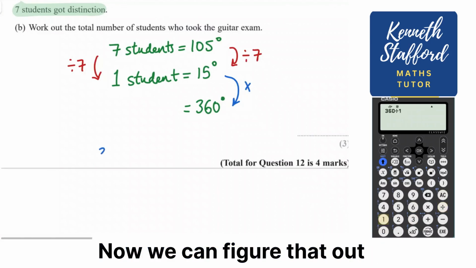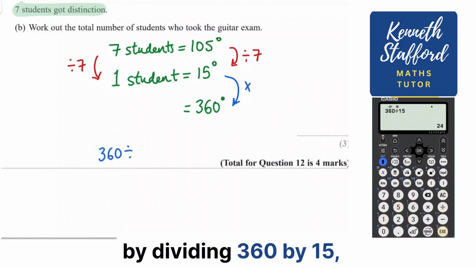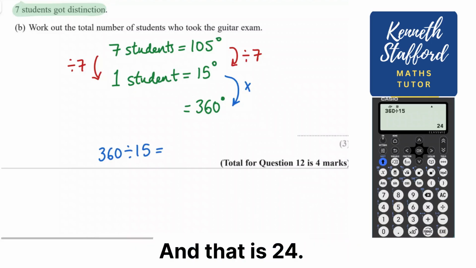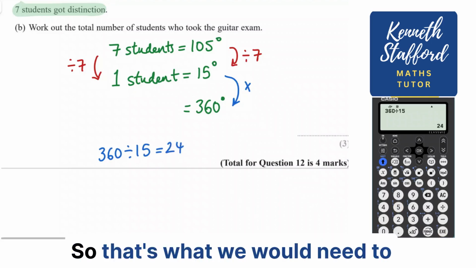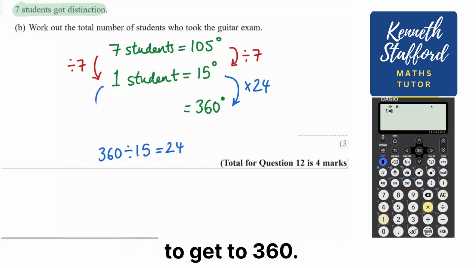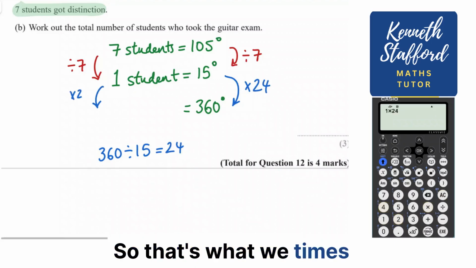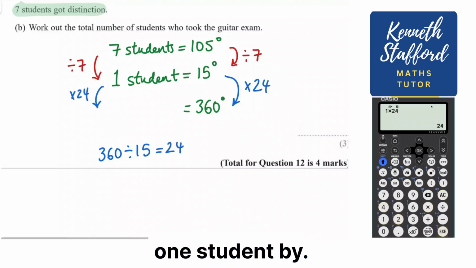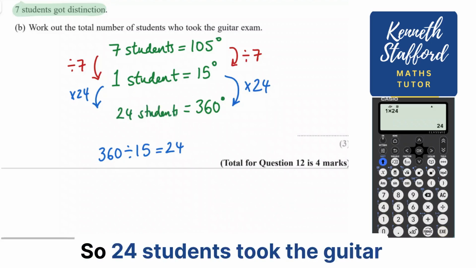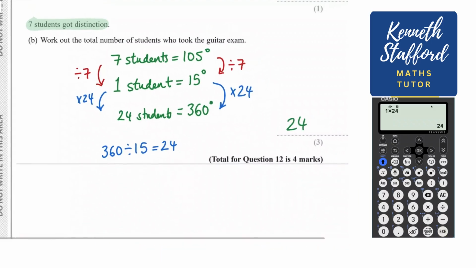Now we can figure that out by dividing 360 by 15. That division will tell us exactly what we need to do, and that is 24. So that's what we would need to times 15 degrees by to get to 360. So that's what we times one student by. So it must be 24 students. So 24 students took the guitar exam. That's our answer.